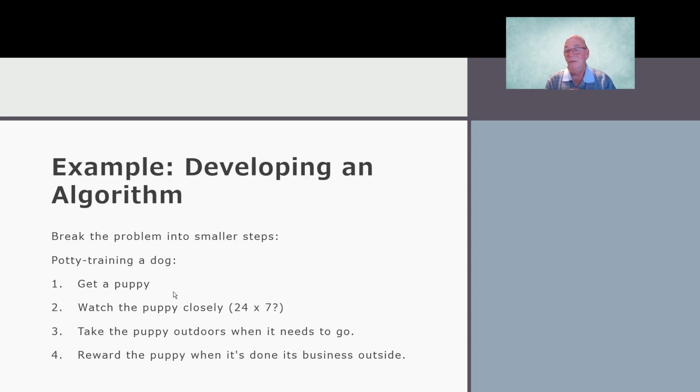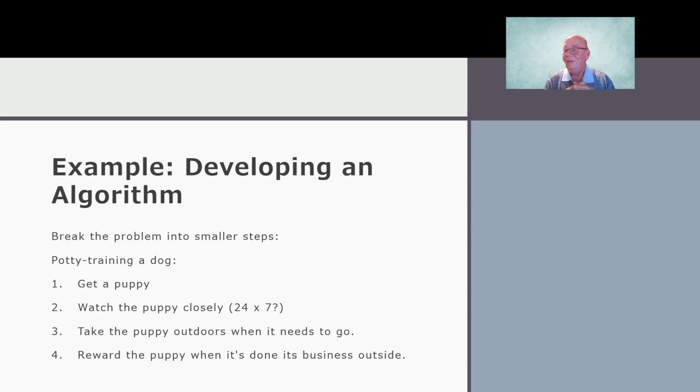And so, what's the process for potty training a dog? Well, at the highest level, you get that puppy, keep an eye on them, and when they need to go, you take them outside. And if they go outside and they do their business, you reward them. And you wash, rinse, repeat. You just do this over and over again.